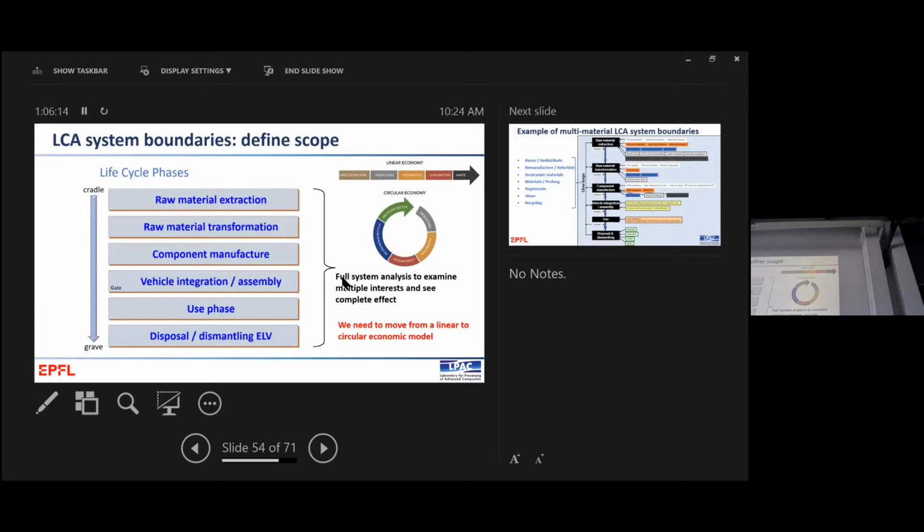You then go to the use phase where you drive it around, and then after 10 years, it goes to Africa or it's put into a shredder. Okay, so we need to look at the life cycle impact, and you can do this following a linear economic model, or increasingly we need to look at following a circular economic model, because a linear model is just full of waste. It's full of opportunities to improve.